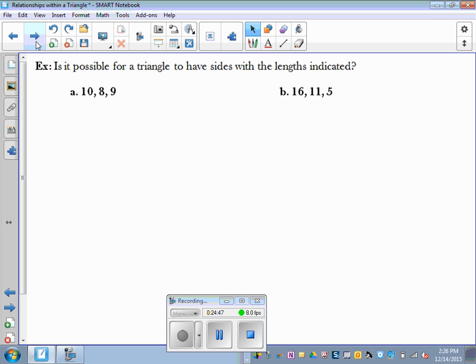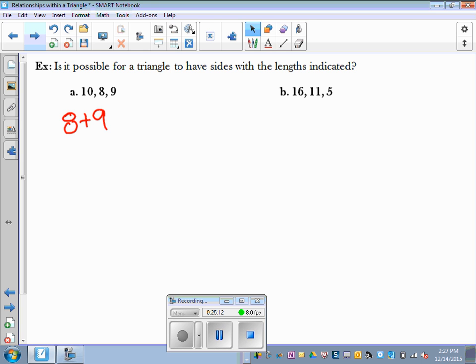Because if the smallest two add up and aren't larger than the third one, that means it's not going to be a triangle. If they do, then that larger side added with any of the smaller sides is going to be greater than that other side. So take your two smallest sides, add them together, and see if it's bigger than your third side. So my two small sides here, 8 and 9.